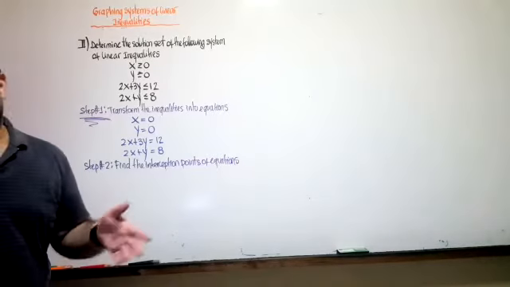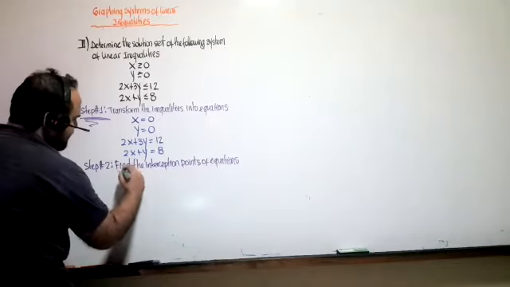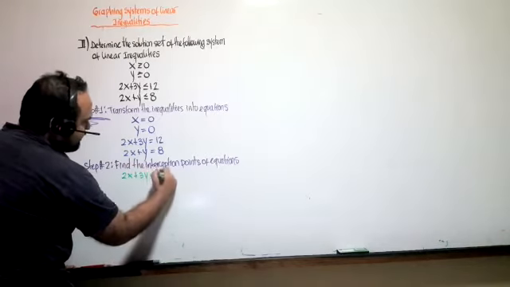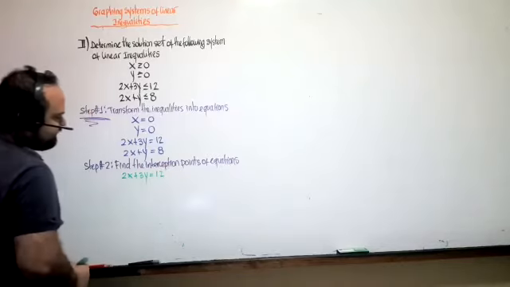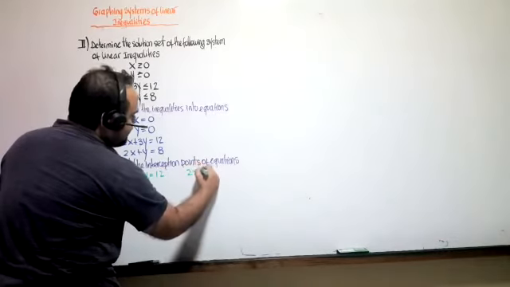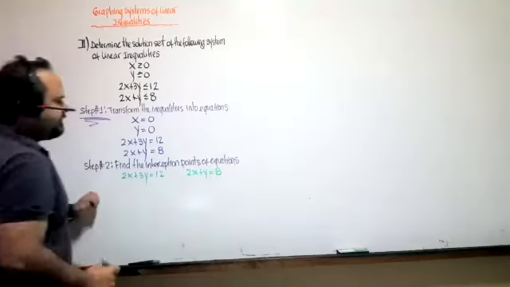Because the problem says only x equals 0 and y equals 0. But the intersection point can be found using the system of equations. In this case, we have, for example, 2x plus 3y equals 12. This is the first equation. And the second one will be 2x plus y equals 8.